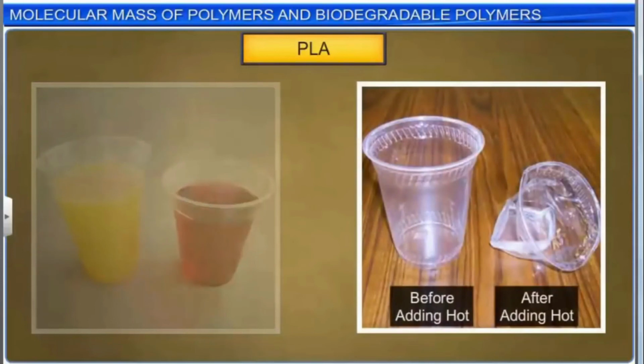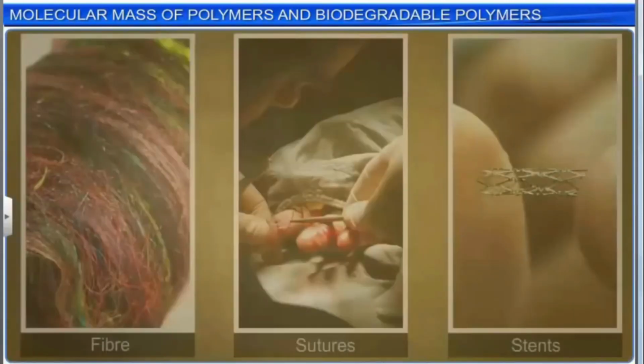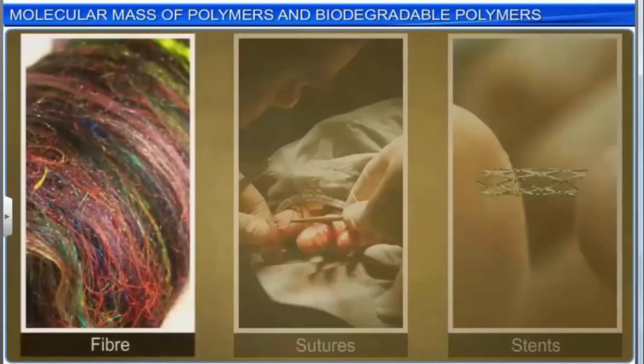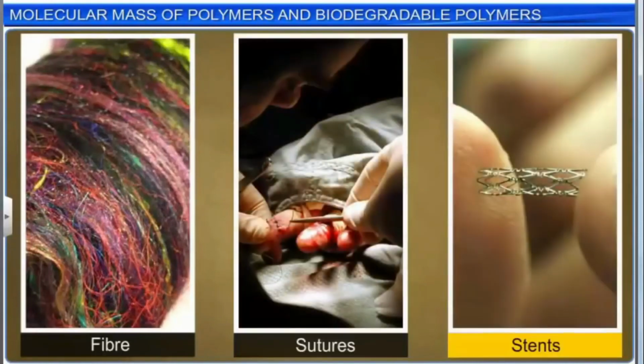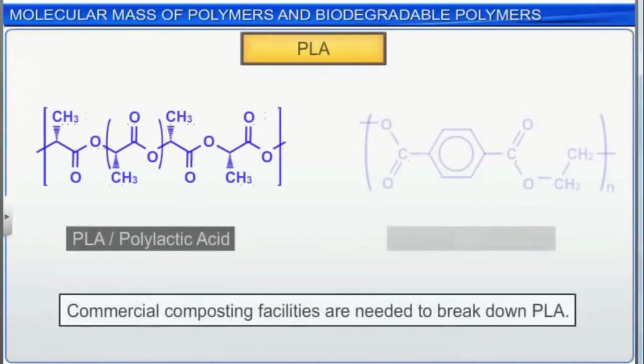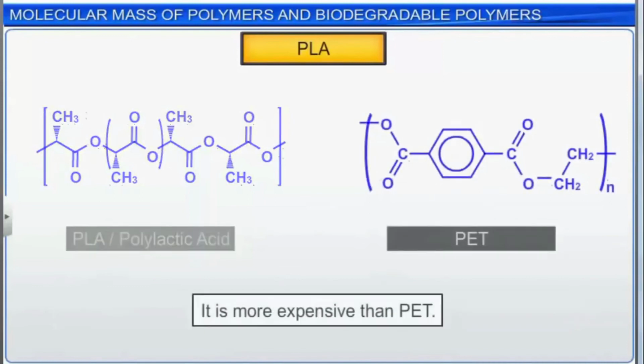It has various consumer uses, such as fiber for clothing, and medical applications, such as sutures and stents. Commercial composting facilities are needed to break down PLA, and it is more expensive than PET.